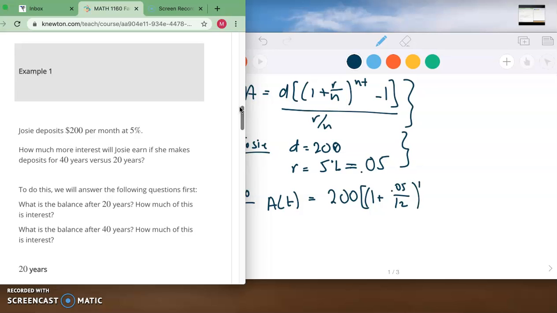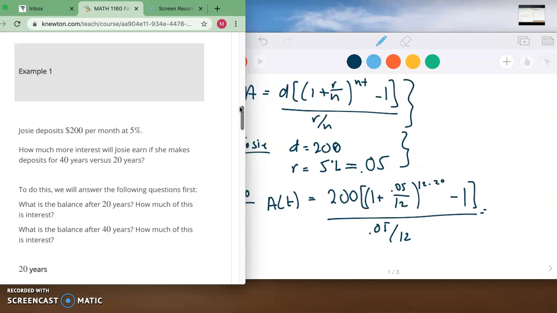So N is 12 times 20 years, minus 1, all over R, 0.05 over 12. So let's go ahead and just look at that numerator first and plug that into the calculator.